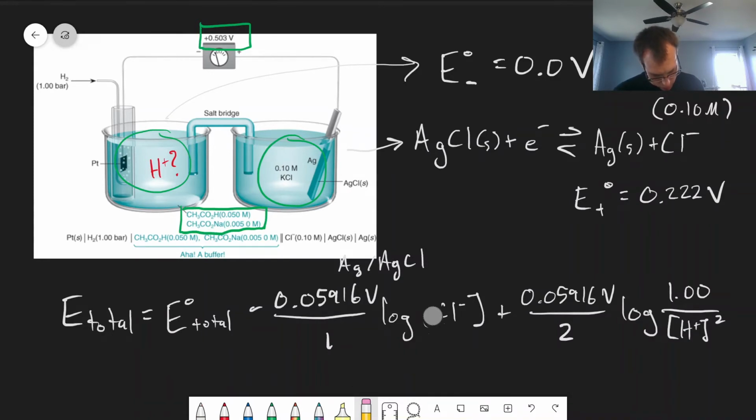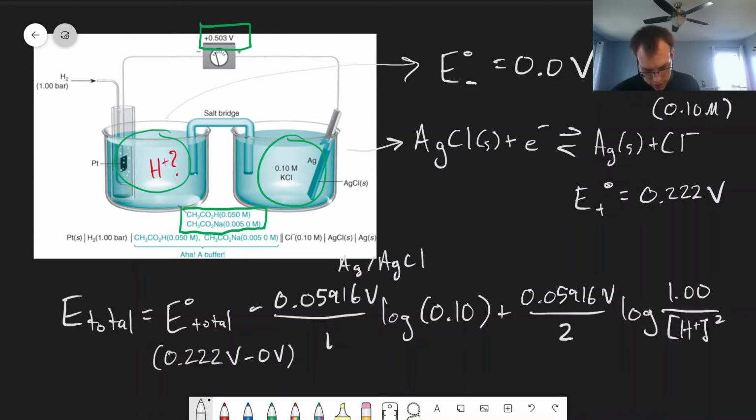We know what the concentration of chloride is, so I'm just going to plug this in directly. This is equal to 0.1 molar. And so this value, E naught total, we know this is 0.222 volts minus 0 volts, or in other words, 0.222. And the value of E total is measured on the potentiometer as positive 0.503 volts.